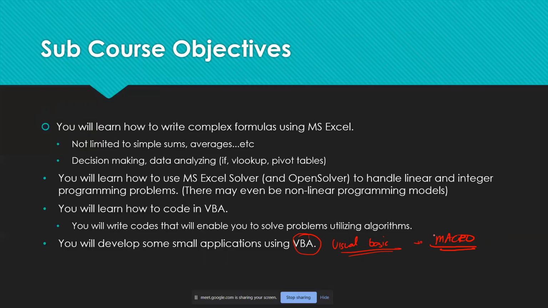Kasi sa industry, pag alam mo ng Visual Basic, mataas na yung edge mo. Kumbaga, sa level ng Excel, ito yung beginner. Ang beginner, alam niya lang ay mga VLOOKUP. Yan, kataasan. And then, dito sa advanced ka na. Advanced level. Kasi novice eh.